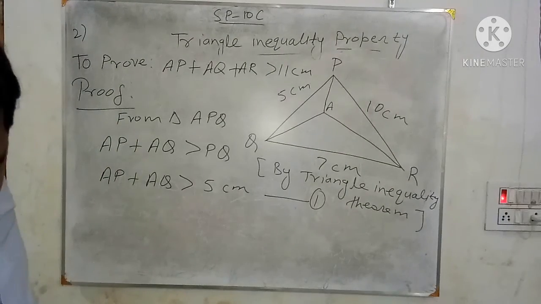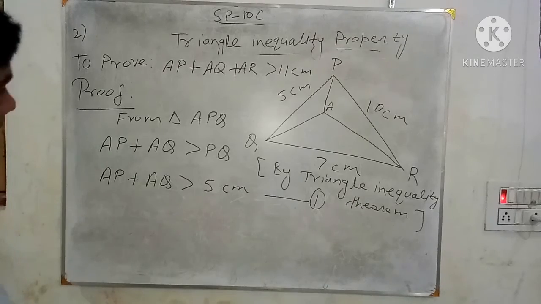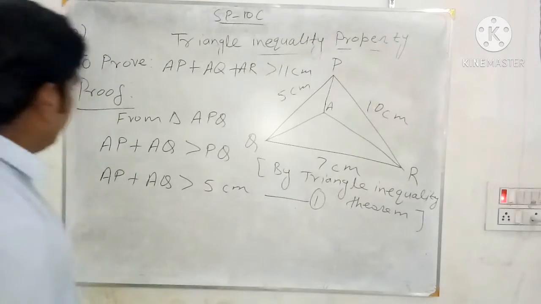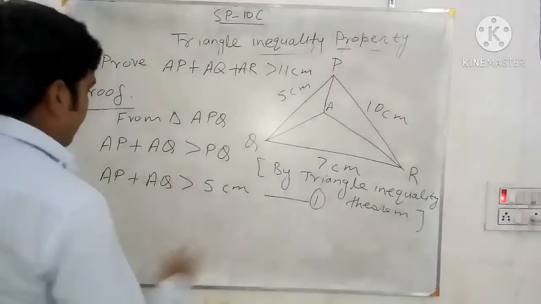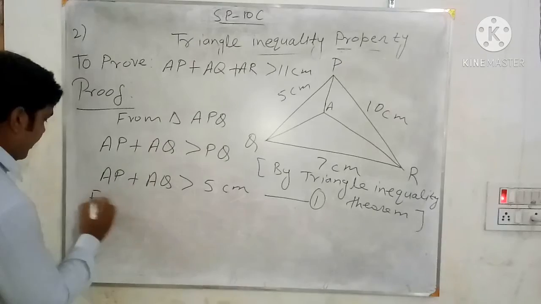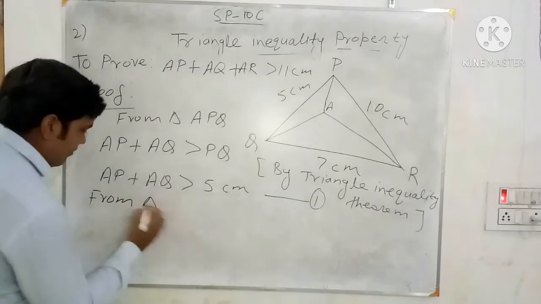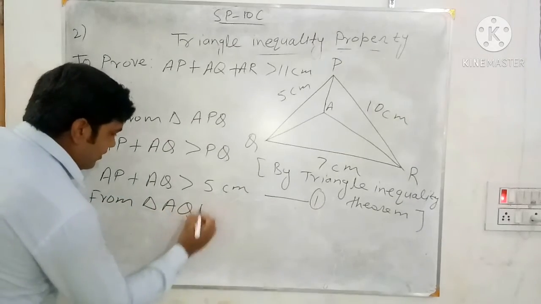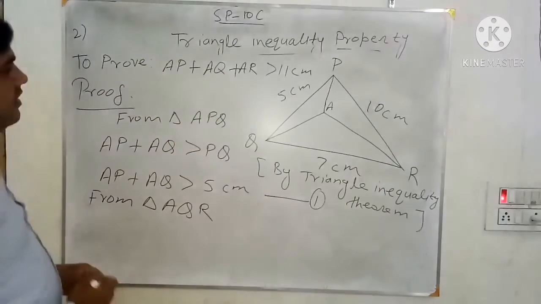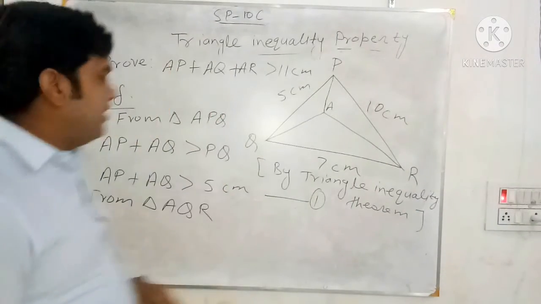Another side we have is AQ plus AR. AQ plus AR must be greater than 7 centimeter. After that we add them, and then we will get some result. So see, now we consider triangle AQR. Now from triangle AQR, again AQ plus AR must be greater than 7 centimeter.